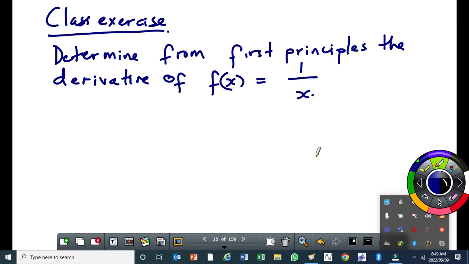If you want to find the derivative from first principles, don't complicate things. That is the same as x plus h to the power of minus 1, which is the same as 1 over x plus h. Work with it like this.